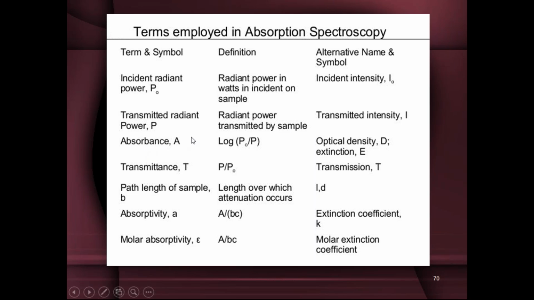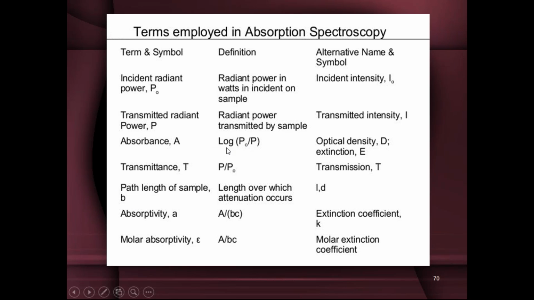Next term is absorbance, denoted by capital A. It's also called optical density, capital D, or extinction, capital E. These are less frequently used terms. Very commonly used is the term absorbance. It can be found by log P0 by P or log I0 by I. That gives you the absorbance.